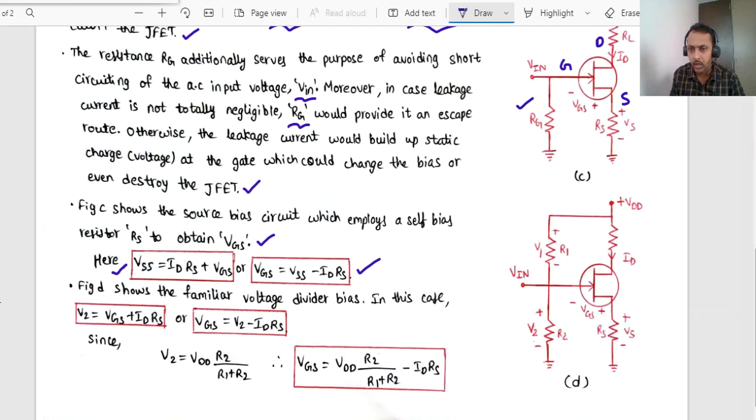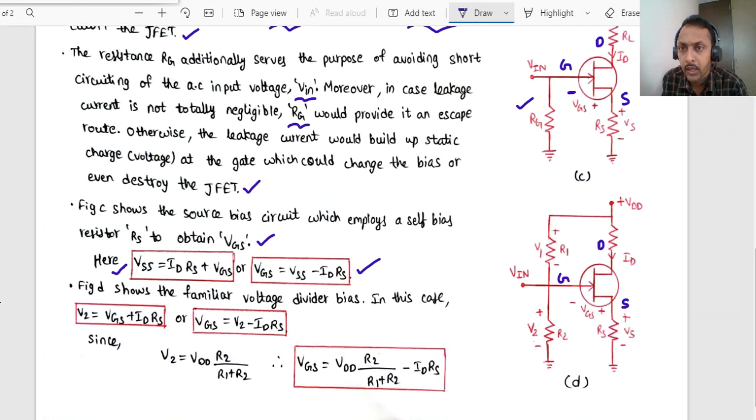Here also in this figure, this is the source terminal, this is the drain terminal, and this is the gate terminal. Now VSS will be equal to the voltage of the source terminal with respect to the ground. VSS equals the current flowing through the resistor RS times the resistor value plus the voltage across the gate and source. The gate voltage will be maintained at a negative potential.